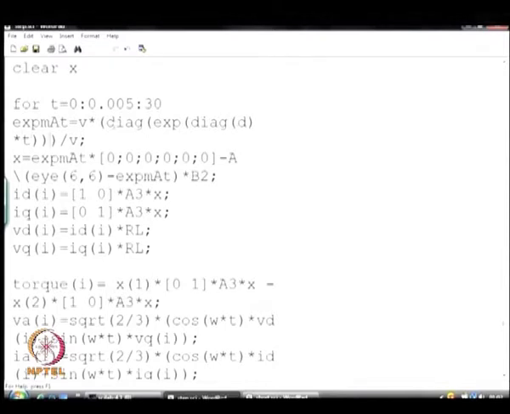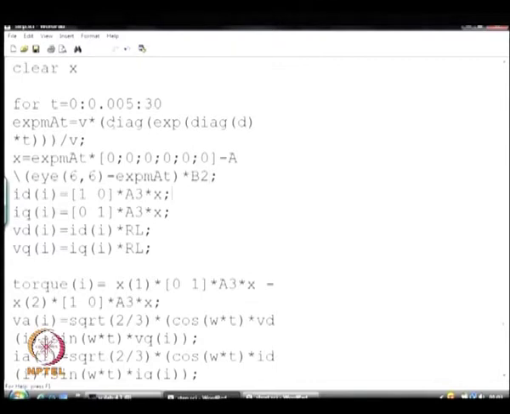So, we evaluate x, which is in fact psi, the state vector: e raised to A t into the initial condition of the states, minus A inverse I, the identity matrix, into e raised to A t into B 2. And E f d, of course, is 1, so I have not written it down. E f d is an input which is equal to 1.